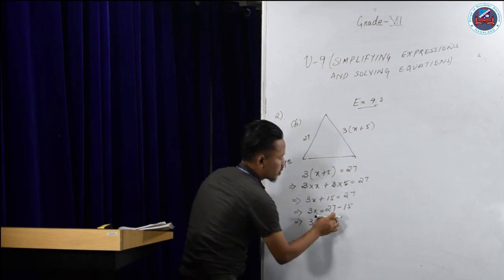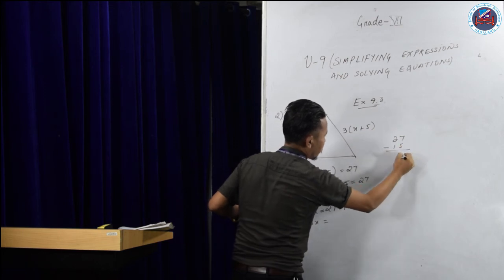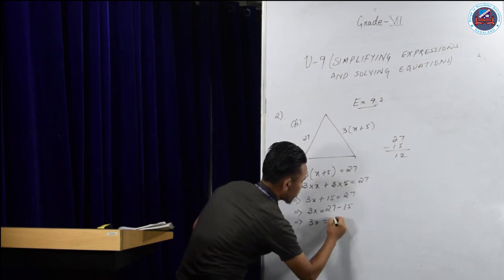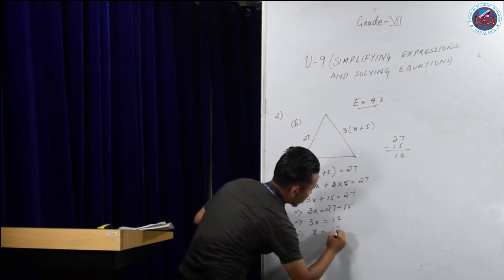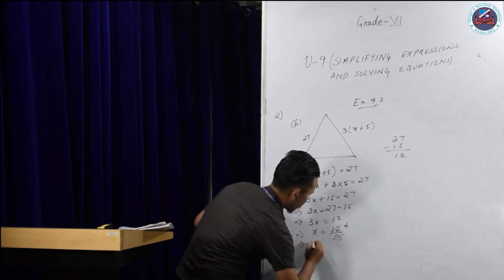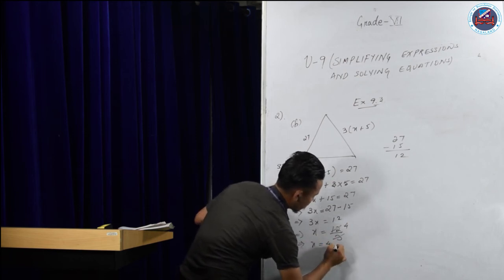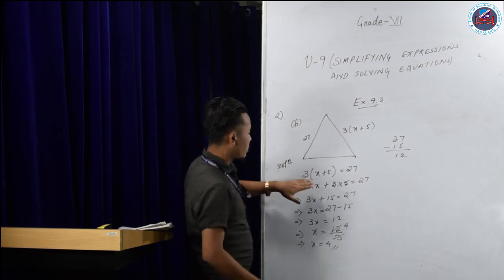3x equals 27 minus 15, let's see how much we get. 27 minus 15, 7 minus 5, 2, 2 minus, I get 12. Implies x equals 12 divided by 3. Let's recheck it once.